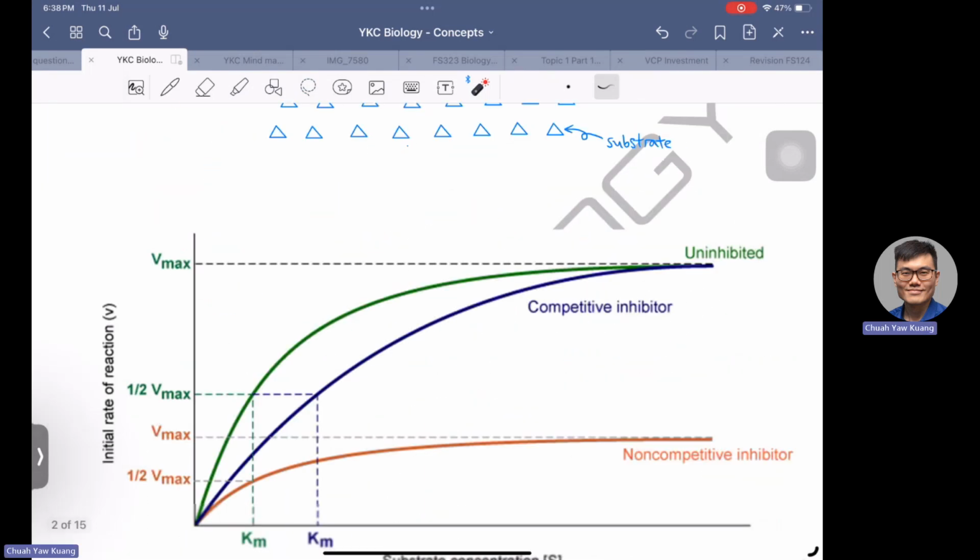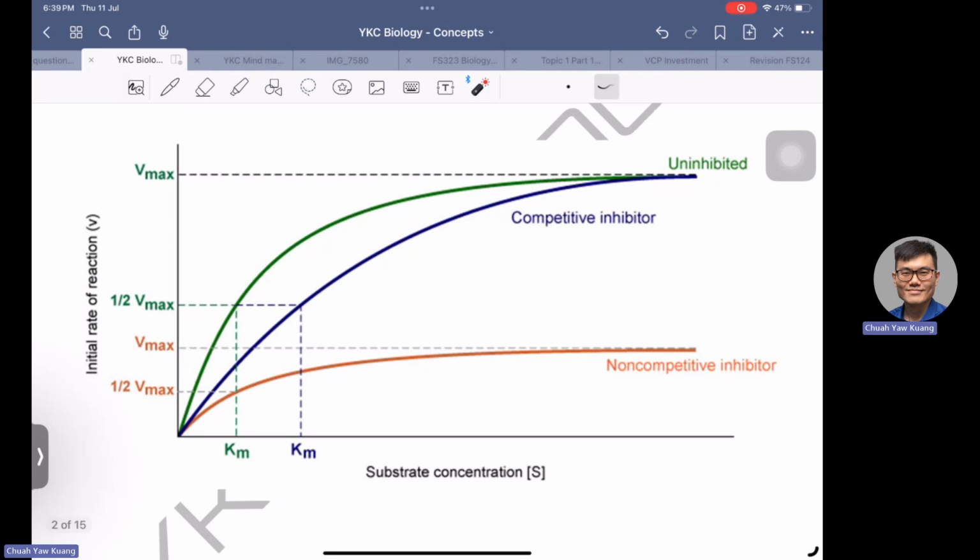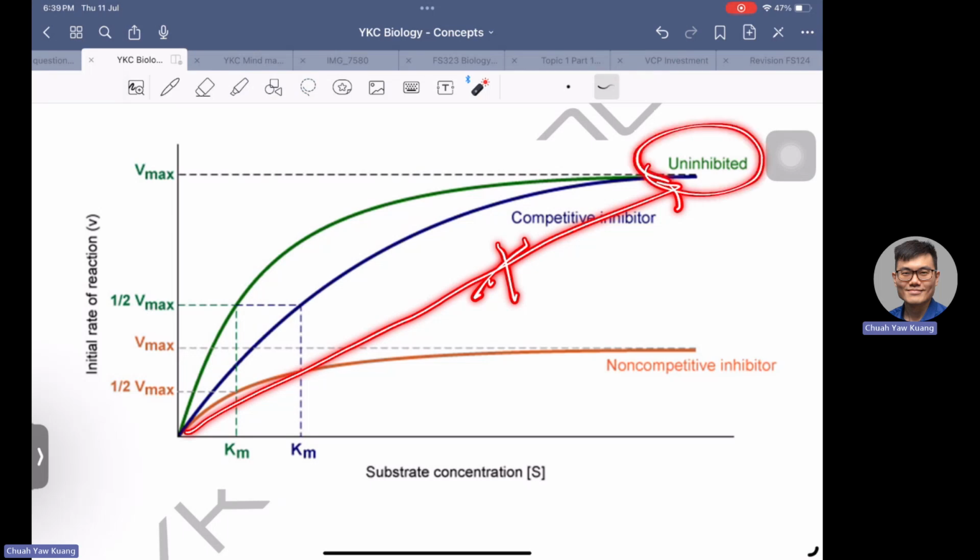This effect, we can see in the graph as well. Those reactions that have been added with the non-competitive inhibitor will never come to the original Vmax. It will not come back to the original maximum velocity or maximum rate of reaction.